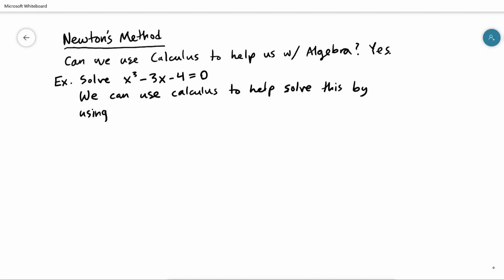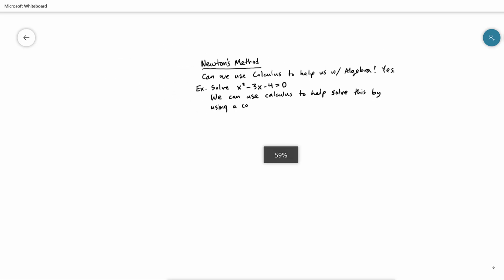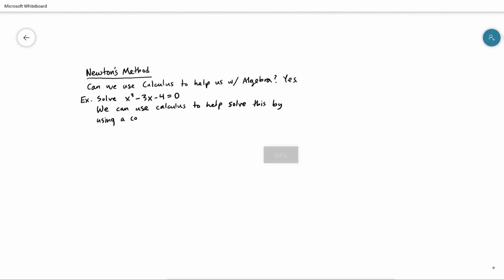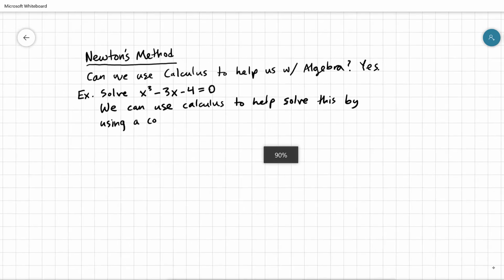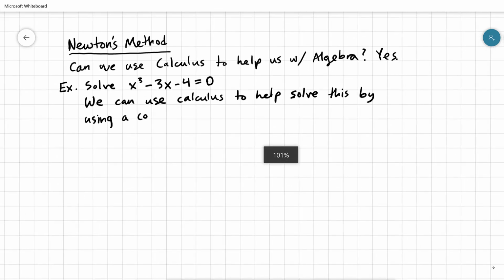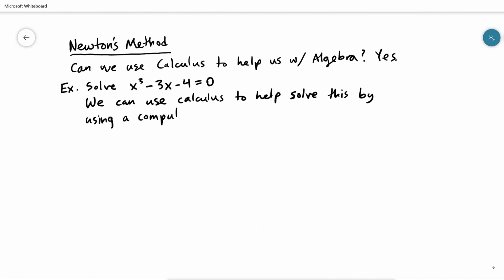A computational method called Newton's method. So let me give you a sense of how this works. The easiest way to see how it works is visually. So how will this work?